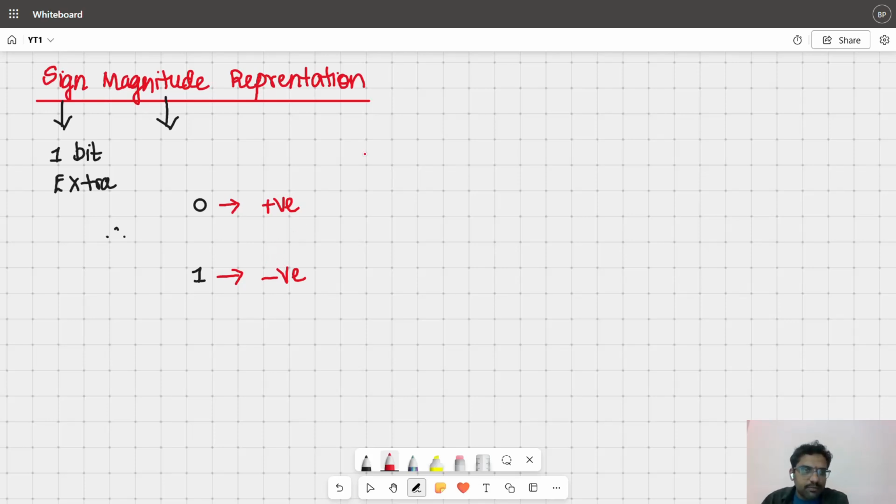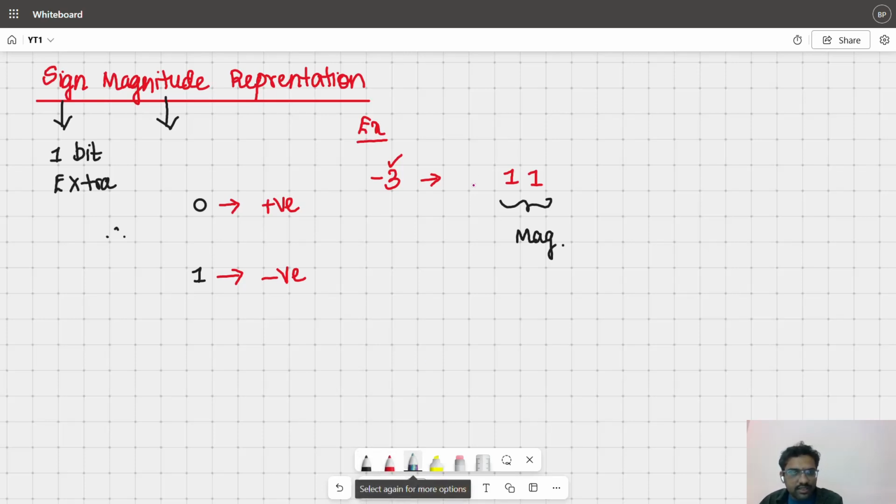For example, if I want to represent the number -3, representing 3 requires 2 bits, 1 1, which we call the magnitude, and for representing the minus we require one extra bit. As it is a negative number, we consider 1 here. So this representation gives us -3.